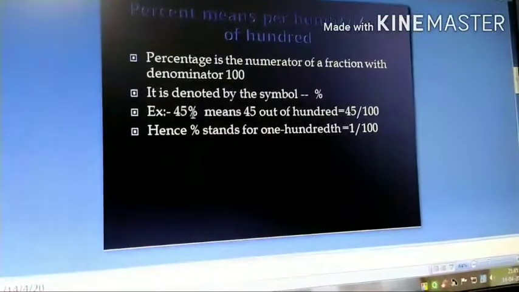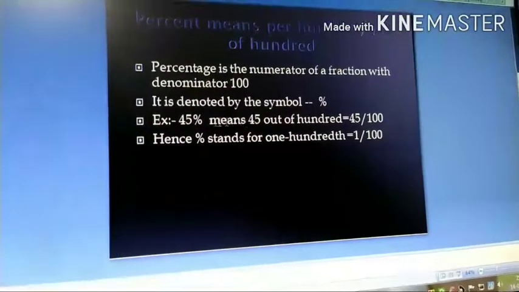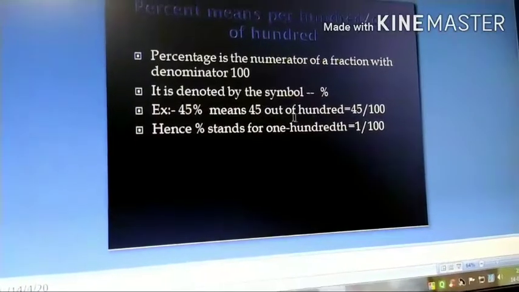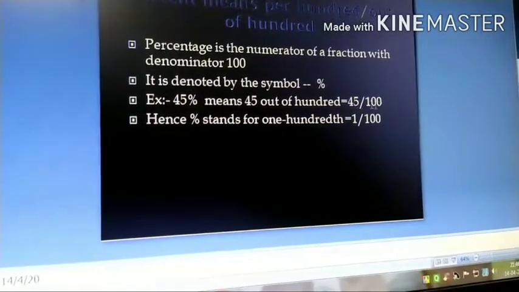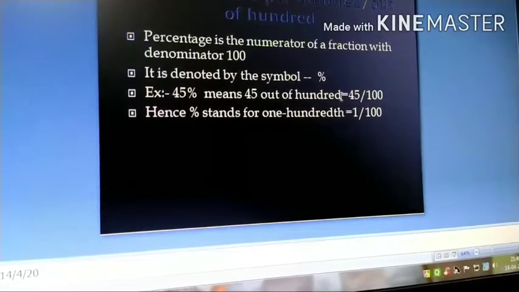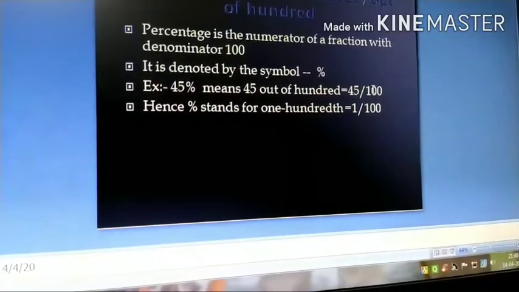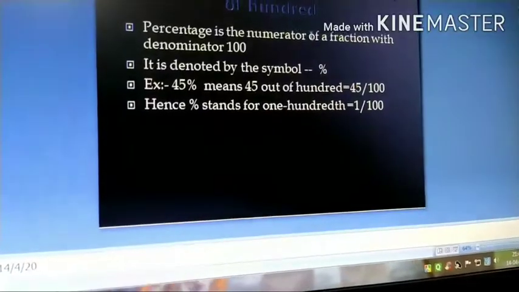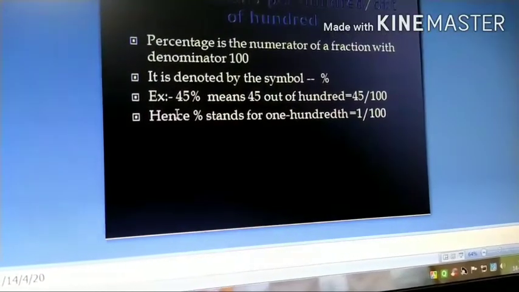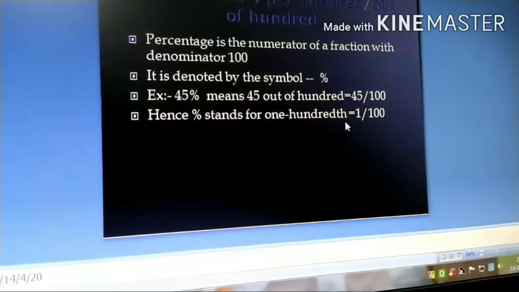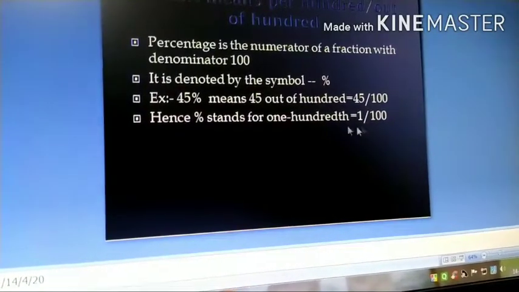What is the meaning of 45%? It means 45 out of 100, that is 45 by 100. We can write it as 45 by 100. So, we can conclude that percentage stands for 100th, that is 1 by 100.